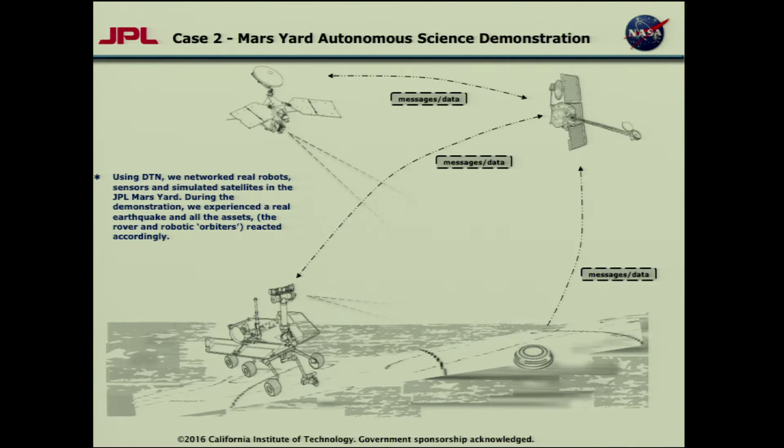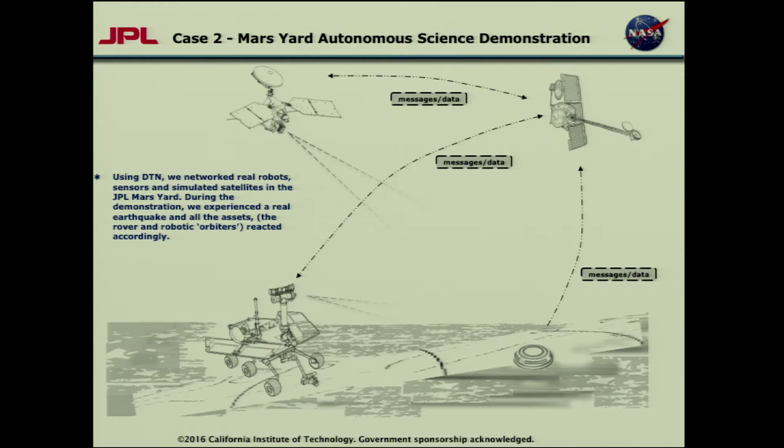And we had DTN running on all of these assets. So the sensors were running DTN. We had a real rover that was driving around, and we had two simulated orbiters, which were basically computers with cameras. What we did was we would go out to the Mars Yard with a sledgehammer and whack a big metal plate.